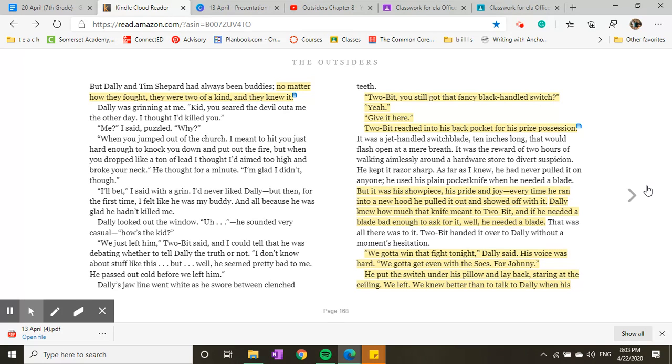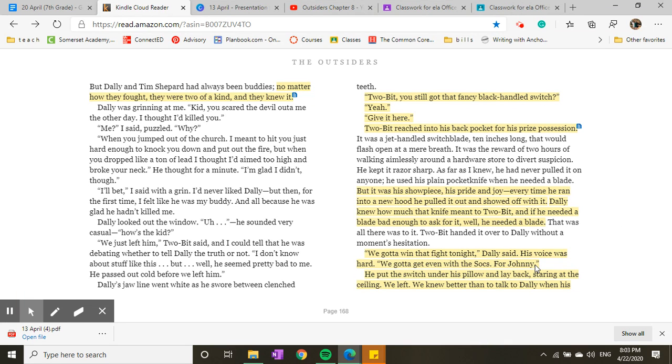So whether you want to view it as violence or as some sort of other possession, I'd be interested to see. But I think this is a really telling section. It's your showpiece. He doesn't even really use it for violence, I guess, because he says he usually takes out a plain pocket knife. But there you go.